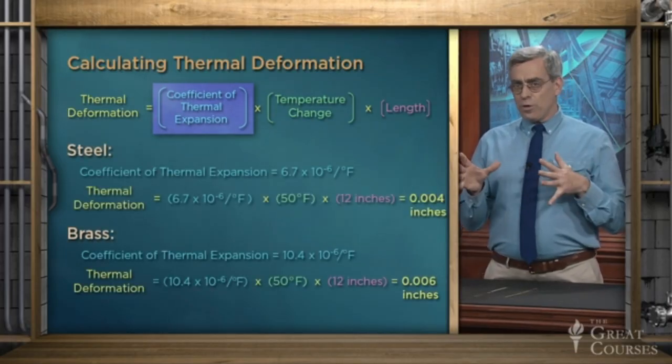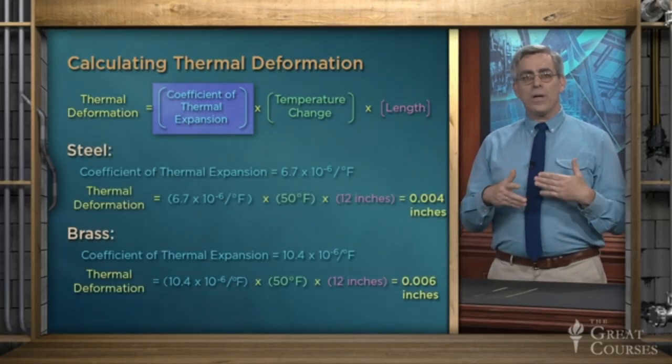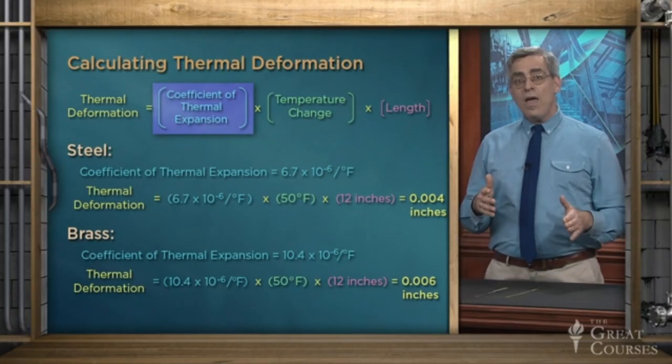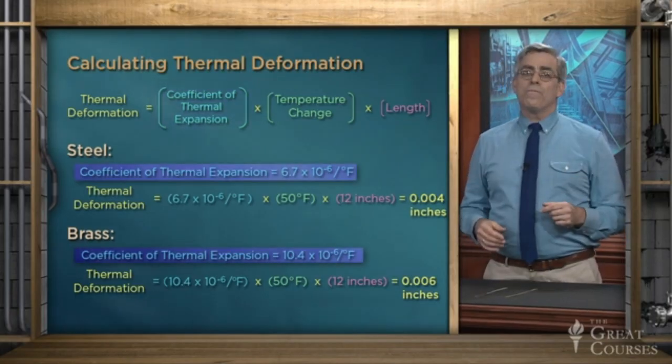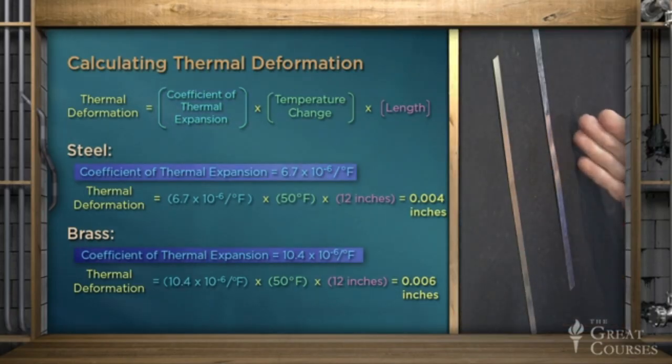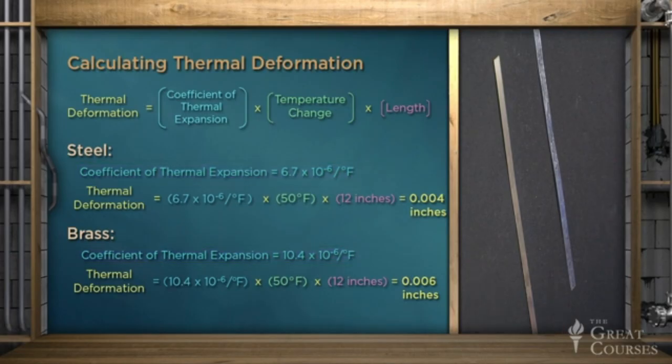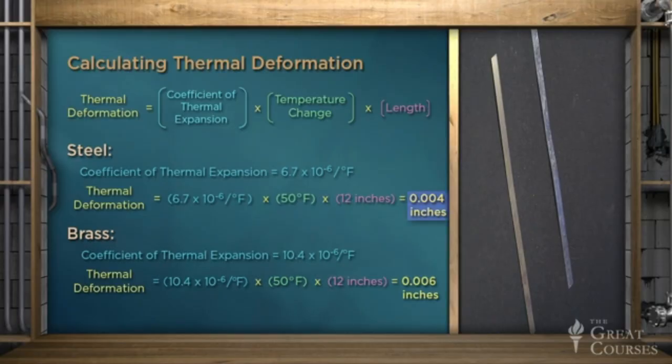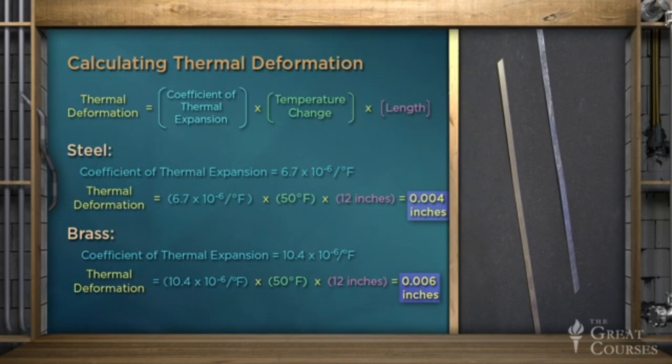The coefficients of thermal expansion for steel and brass can be obtained from materials handbooks and are shown here. Therefore, for these 12-inch long bars, a temperature change of 50 degrees Fahrenheit would cause the steel to elongate by 0.004 inches and the brass to elongate by 0.006 inches.